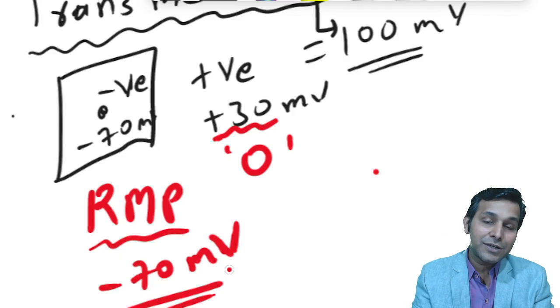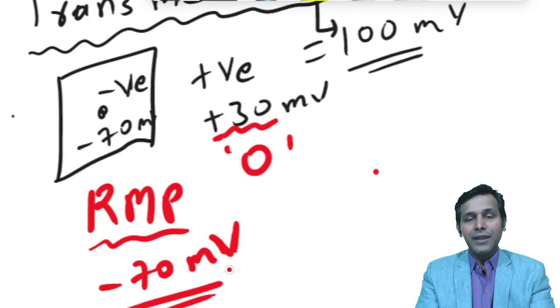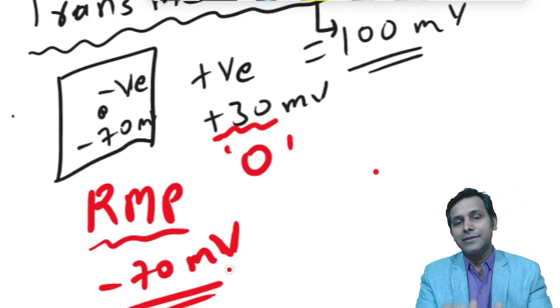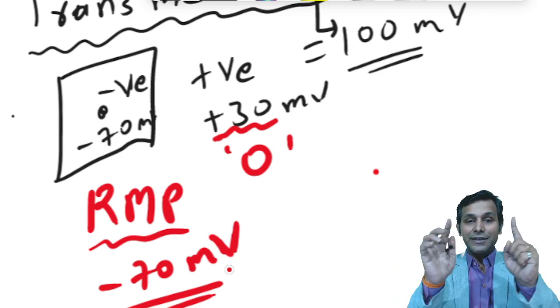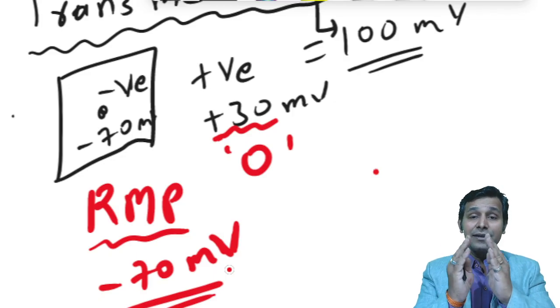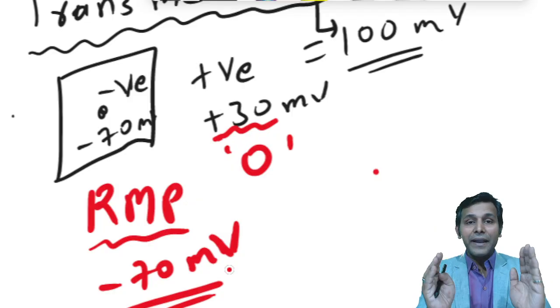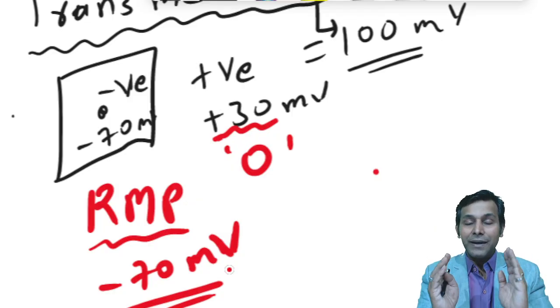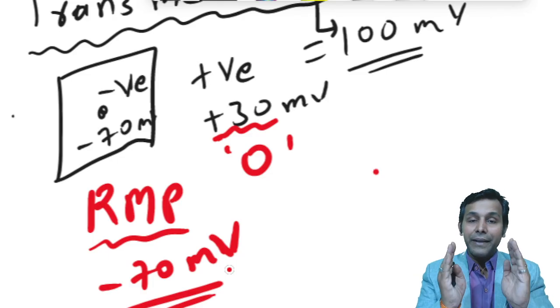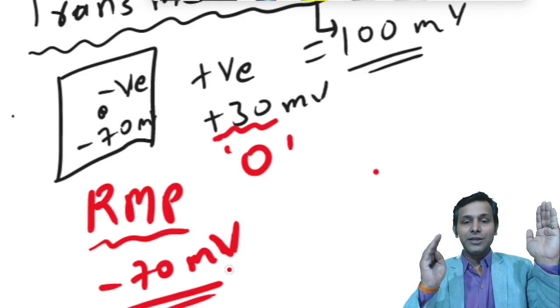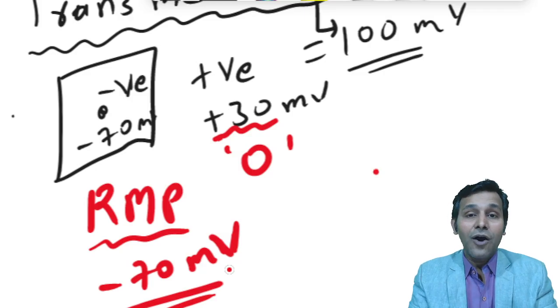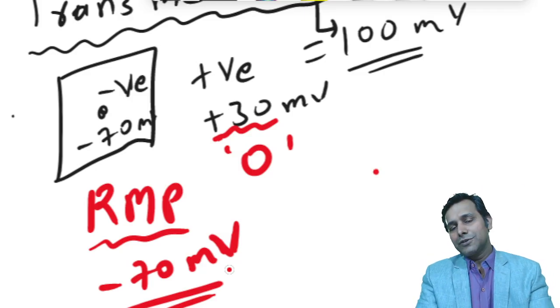But if you are asked about transmembrane gradient, then you have to consider the voltage on either side of the membrane, and that will be the overall difference, that is, the magnitude of difference between the two values. It's not a mathematical difference, it's a magnitude of difference. So from minus 30 to minus 70, it will be almost 100 millivolts here.